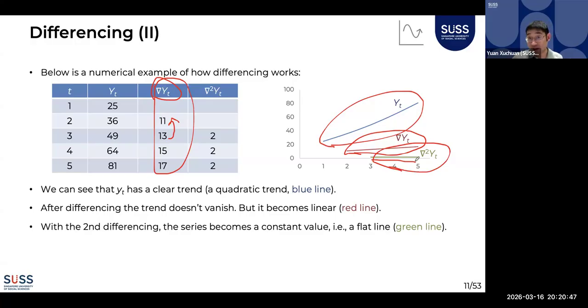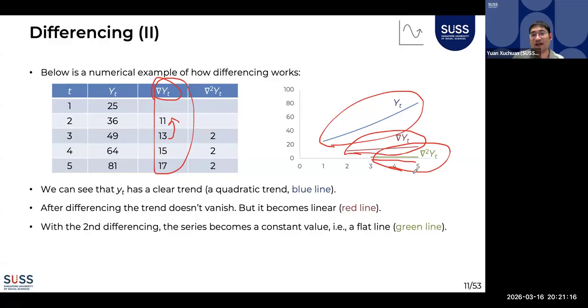So for a time series with a trend, if it is a linear trend, the first order difference will give you a stationary time series. If the original time series has a quadratic or even cubic trend, then you do a second order difference or even third order difference to make a stationary time series. So this is the idea.